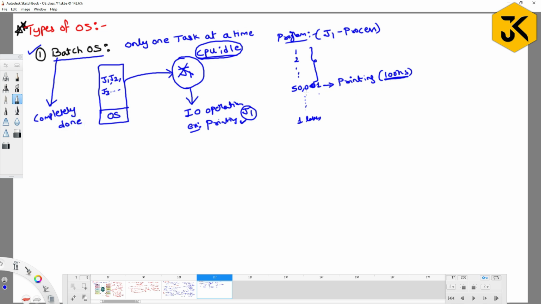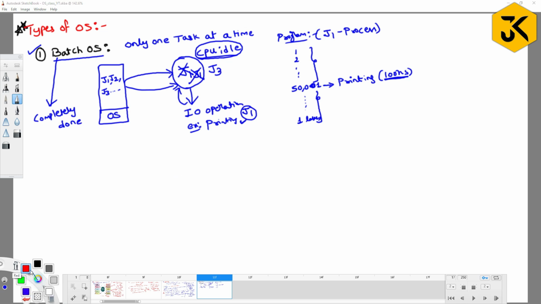After 100 nanoseconds, J1 will come back to the CPU and perform all the remaining 49,990 lines of code and exit. Then the other job will be loaded, like J3. This is the general characteristic of batch operating system, right?